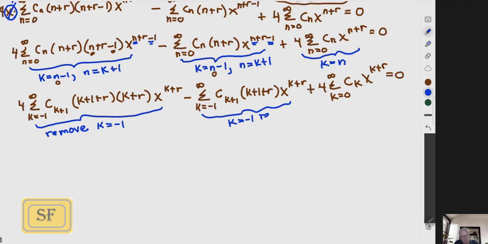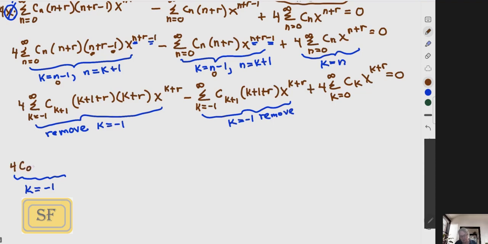Let's remove. And when I remove that, let me also do it here. I like to show where these terms come from. So my first term, removing k equals -1, I have the 4 outside.